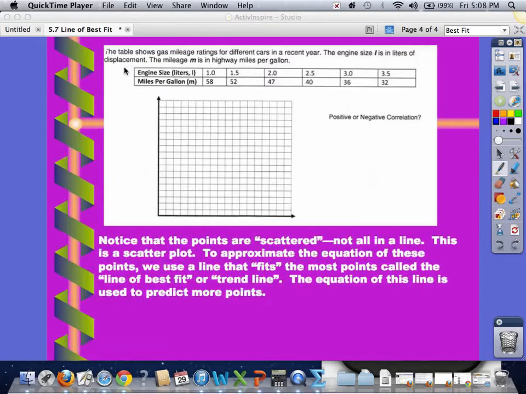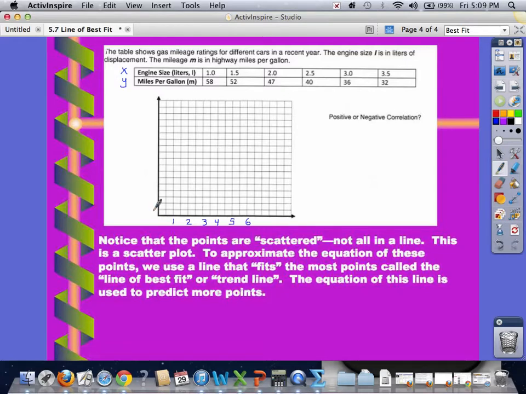So again, remember this will be like our X, and this will be like our Y. We're going to figure out if this is a positive or negative correlation. So I'm going to graph this. I'm going to have to set this up a little differently because we have really high numbers on our dependent side, so we're going to have to spread these out a little bit.